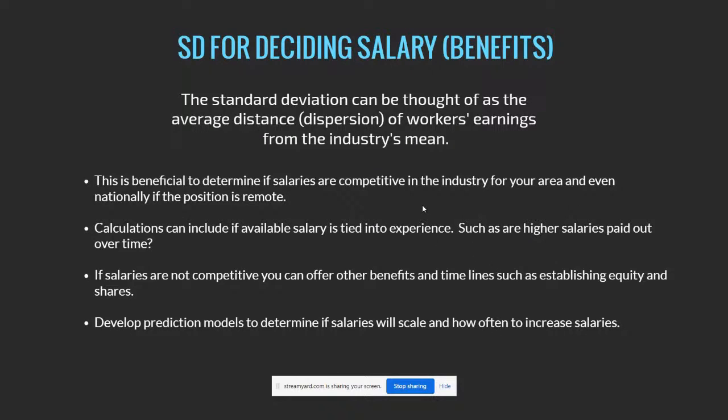It seems like my software is a little bit stuck, but that in a nutshell is what standard deviation is, as it can be applied to deciding what salaries you want to give to potential candidates.